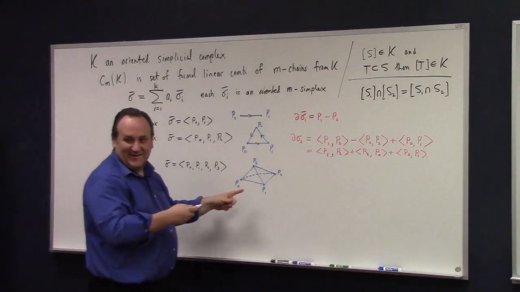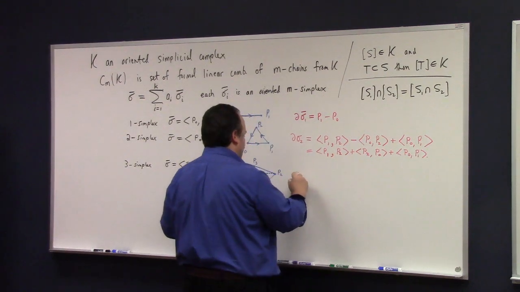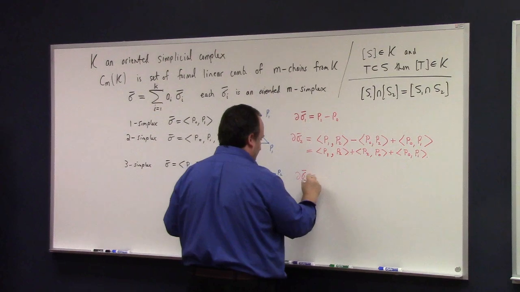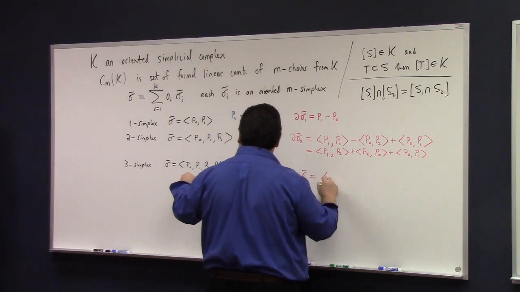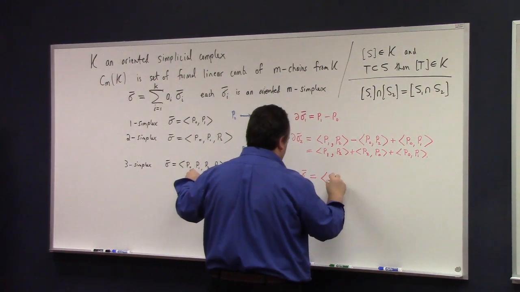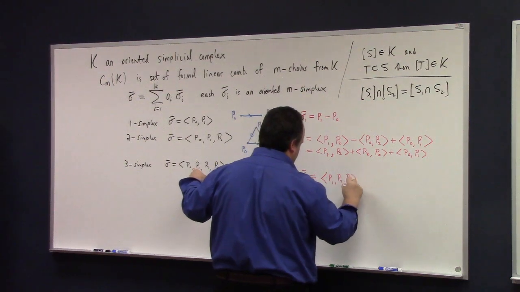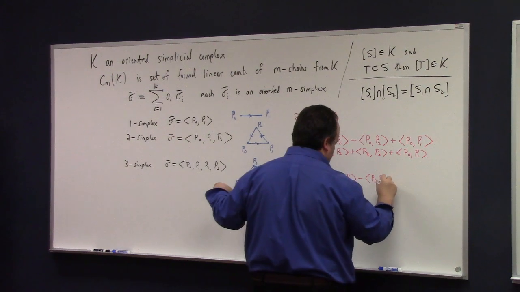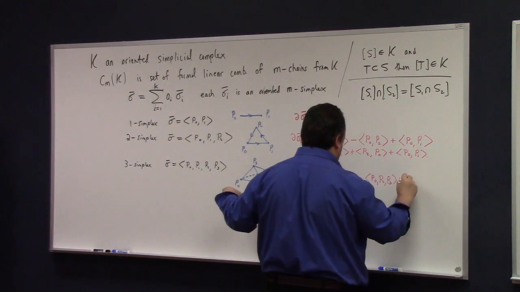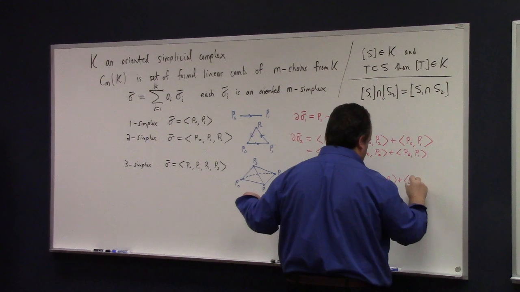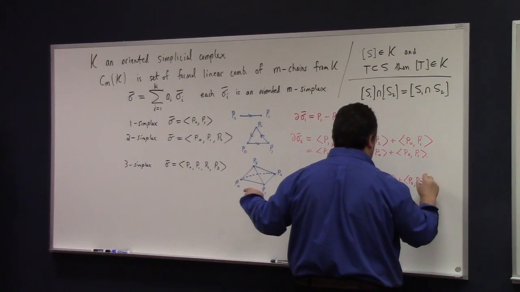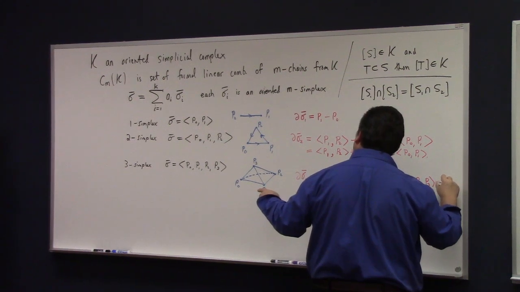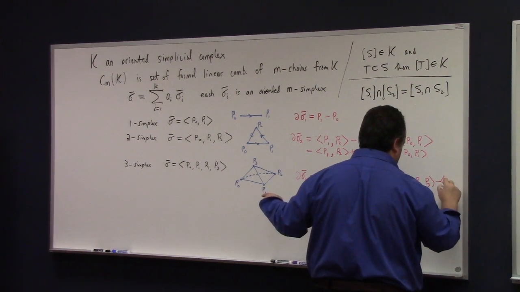And it works down here too. So like the boundary of sigma 3 is, let's see here, P1, P2, P3 minus P0, 2, 3 plus, rather, 0, 1, 3 minus 0, 1, 2.